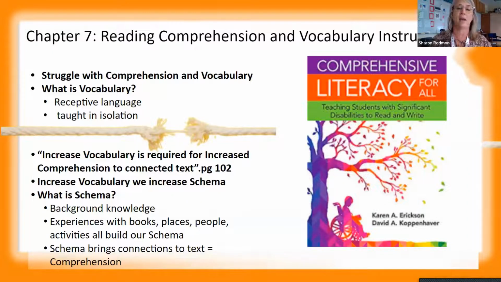We need to look at that background knowledge of things and experiences that our students with complex bodies often have not had the opportunity, or the amount of opportunity, to have those rich experiences. So we need to find a way to bring those experiences to our students. How can we do that to build their schema?